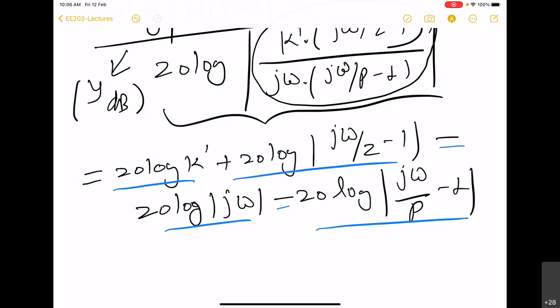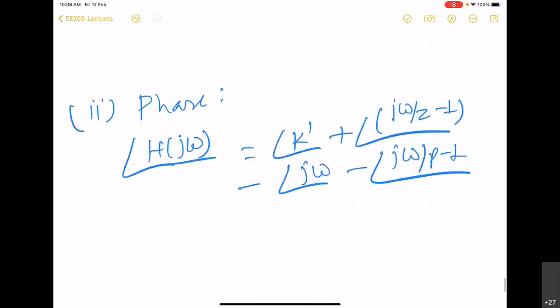For the last two, we will have to do the subtraction, so there is also addition with negative sign of the curve. That is the advantage of going for the dB scale. Similarly, the phase of the transfer function simply becomes the sum of the individual phases.